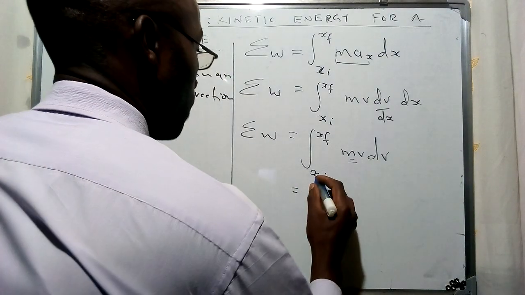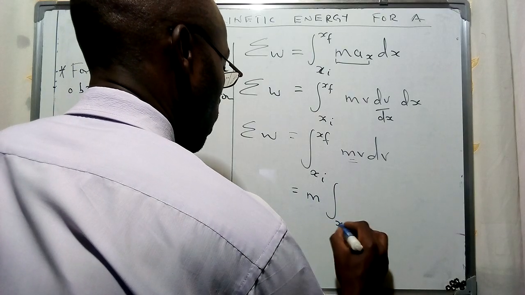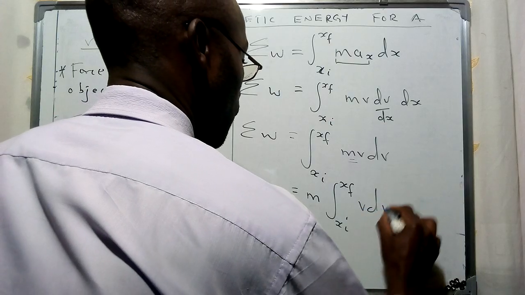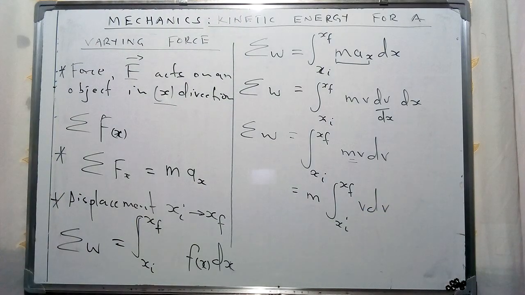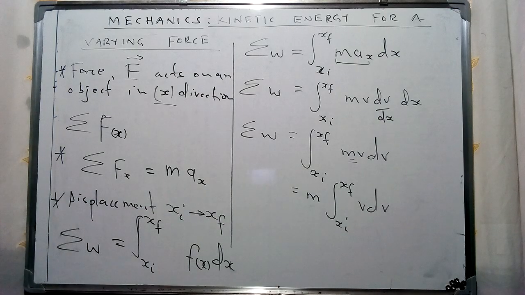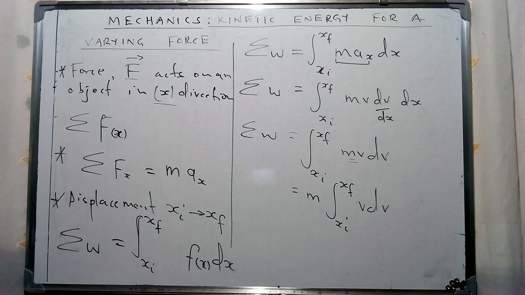So we have the integral of mass, from x initial to x final, v dv. This is going to assist us in finding the representation of work done in trying to move this particular object.